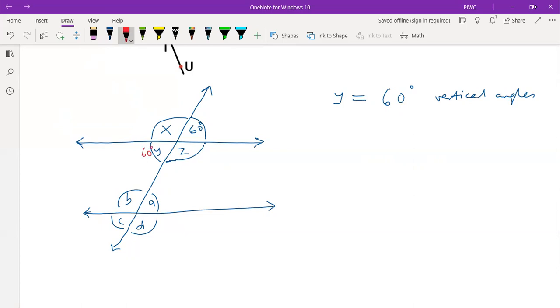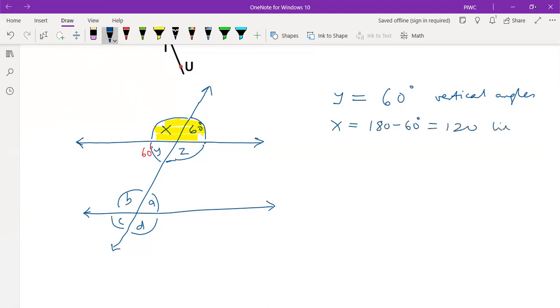Now what will be X? If I take X and the 60 here, they lie on a straight line. So it means that they are linear pairs, right? Linear pairs add up to 180. So to find X, X will be 180 minus 60 degrees. So that gives us 120 degrees.